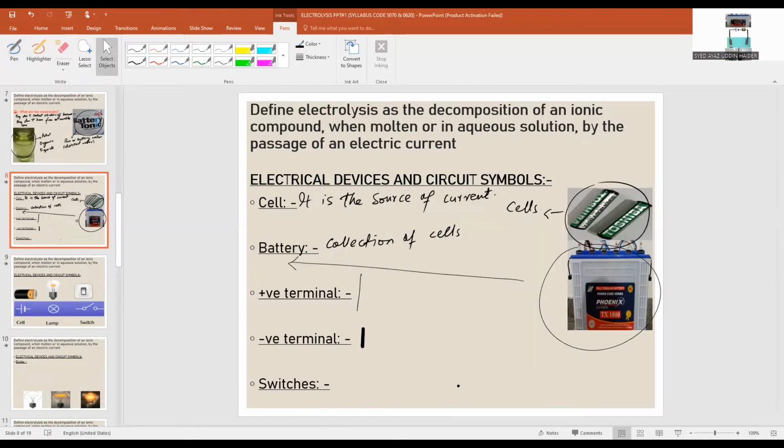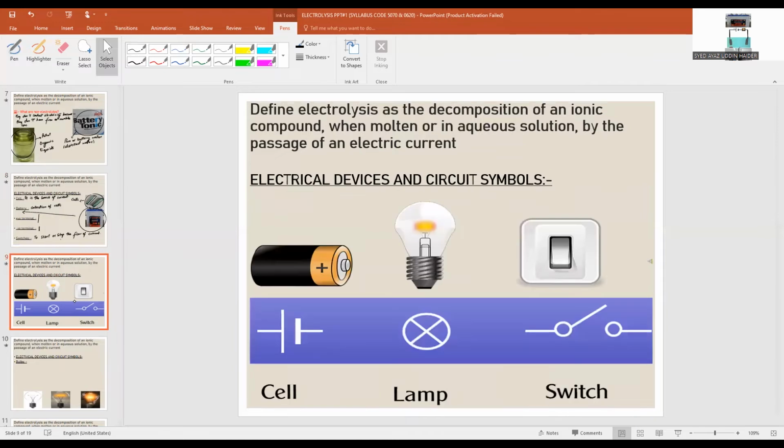In order to start or stop the flow of electricity, there are switches, like the switches you have at home. In the same way, we need switches here.